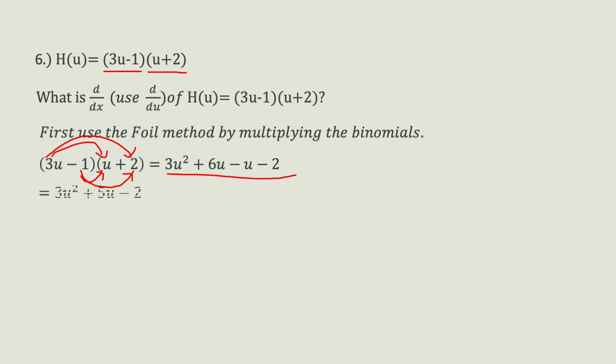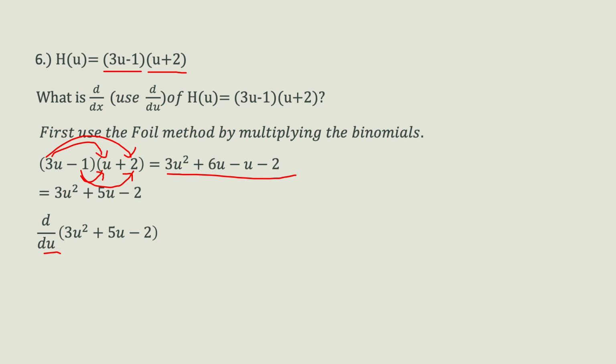Now we can take the derivative. So taking the derivative, we have d dx of 3u squared plus 5u minus 2. As we've used in previous problems, we use the power rule.